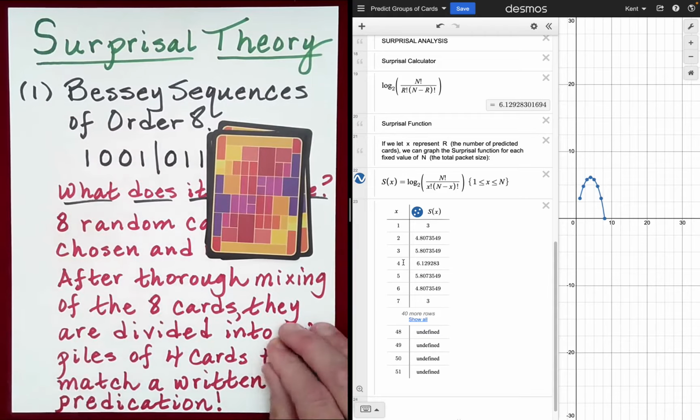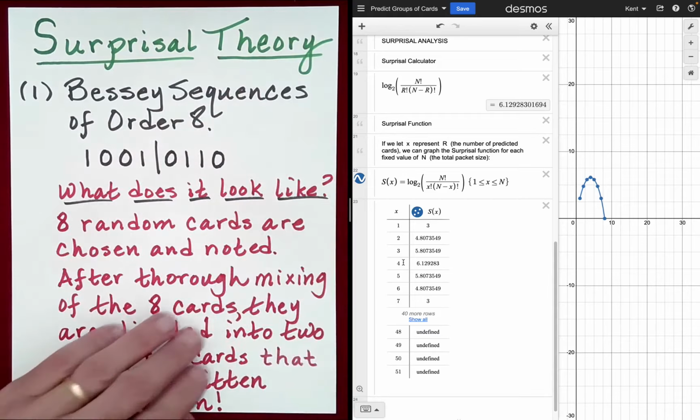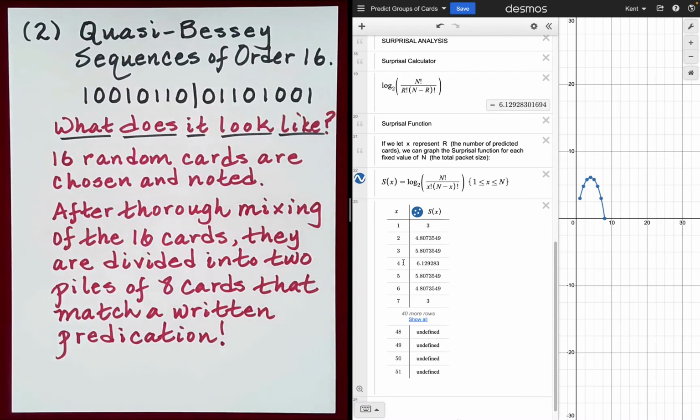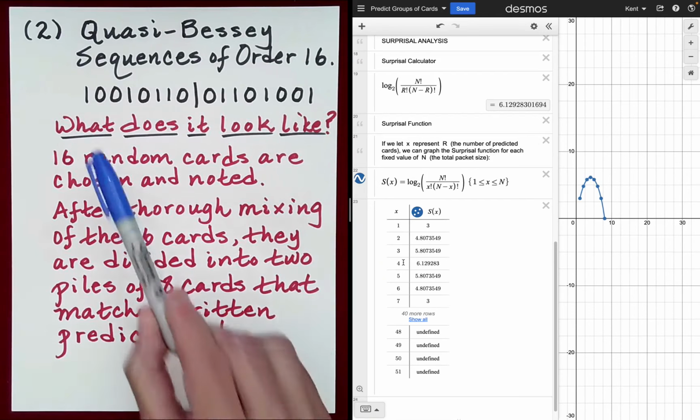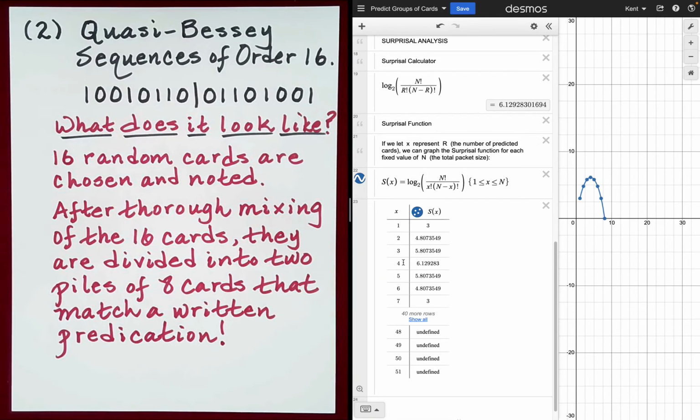Okay, so moving ahead to Quasi-Bessey sequences of order 16, we find the following. Recall a Quasi-Bessey sequence of order 16 has this form right here. So what does this one look like? Well, if you've watched my video on Quasi-Bessey sequences that uses the law of attraction narrative, that particular performance gets a wonderfully strong response from the spectators that I've shown it to.